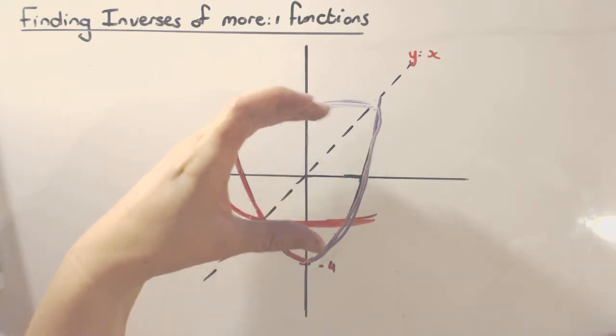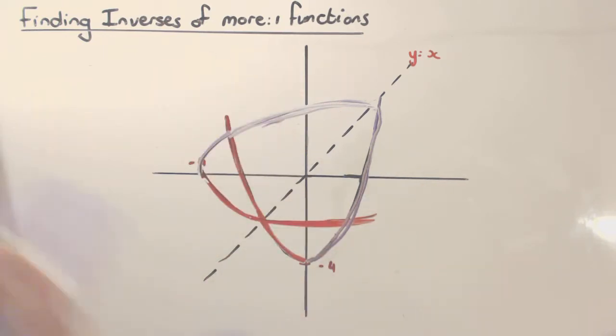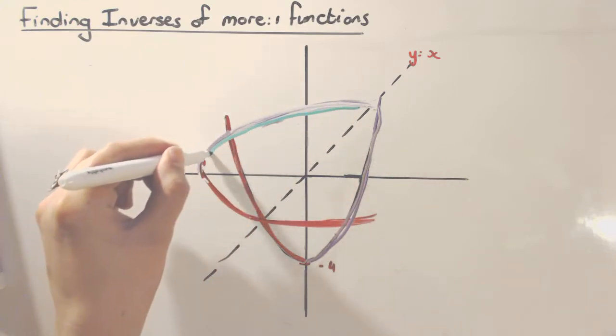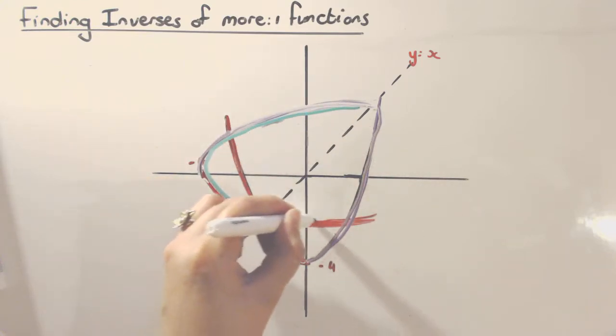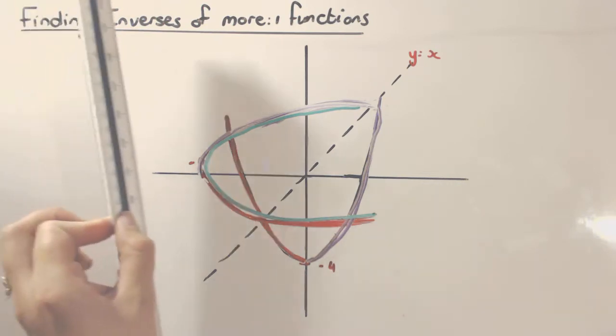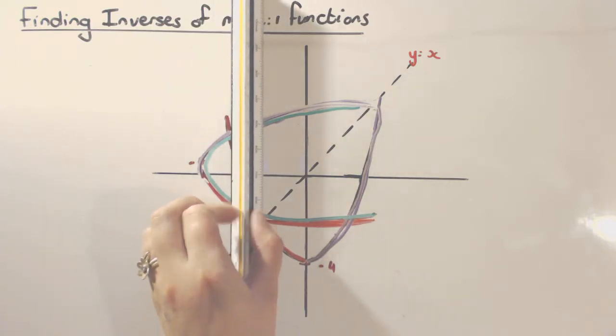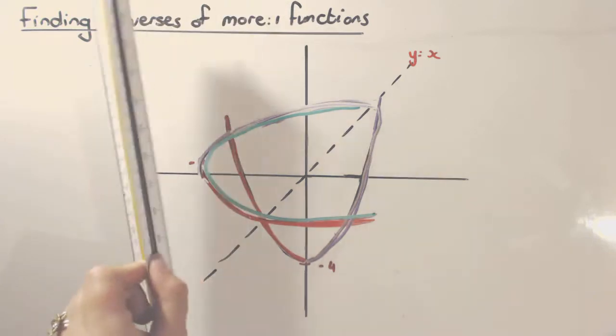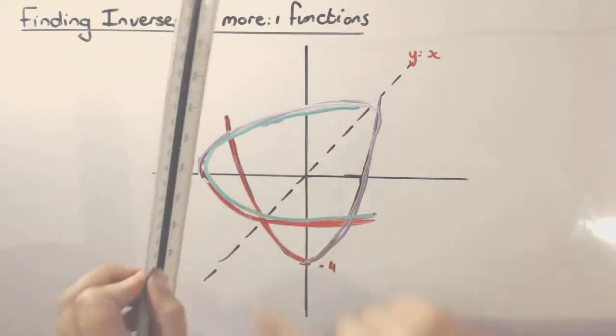So this sideways parabola, the whole one on the inside of the lines, the green one, that's my sideways parabola. If I do the vertical line test on it, can you see that at some points it cuts the vertical line twice? So this is then indeed not a function.